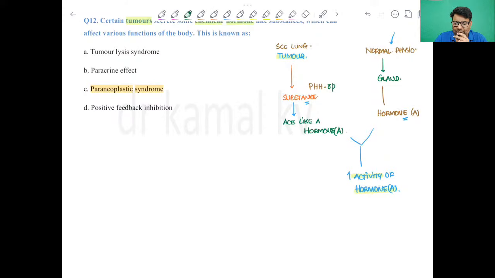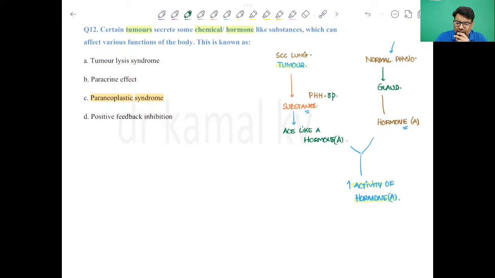On the other hand, normally the parathyroid gland is producing parathormone. Parathormone related protein also acts in a similar manner to parathormone, and the action is increased serum calcium level.